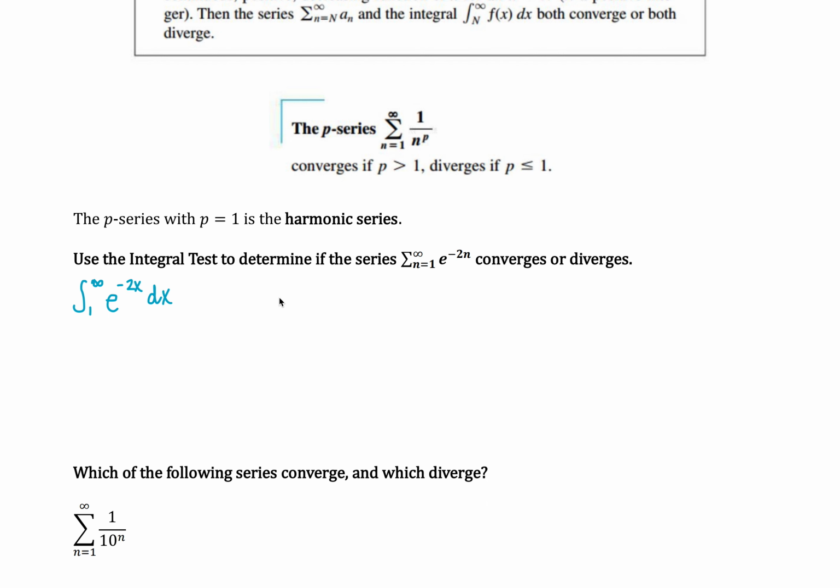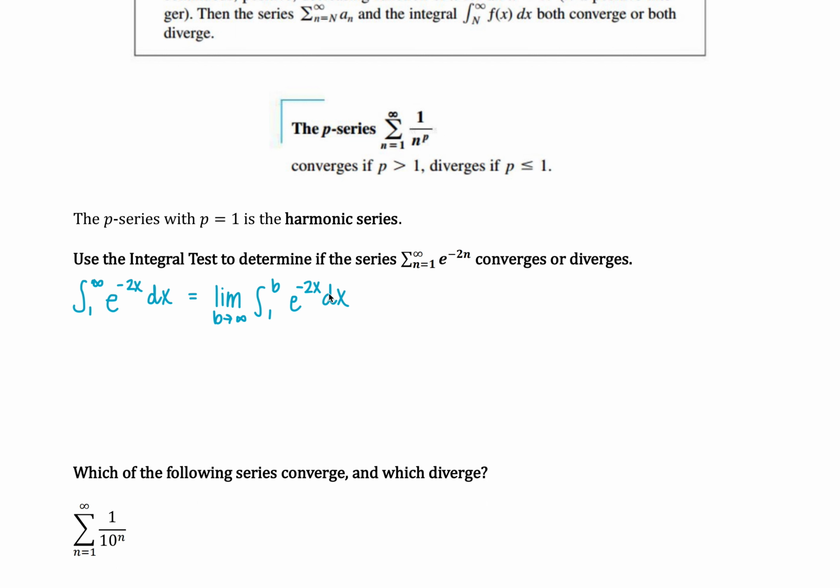We're going to integrate that, and we've learned how to integrate this back in chapter 8. This is going to be the limit as b approaches infinity of the integral from 1 to b of e to the negative 2x dx. If I've got e to the negative 2x, I need to have it times negative 2 dx, the derivative of the exponent.